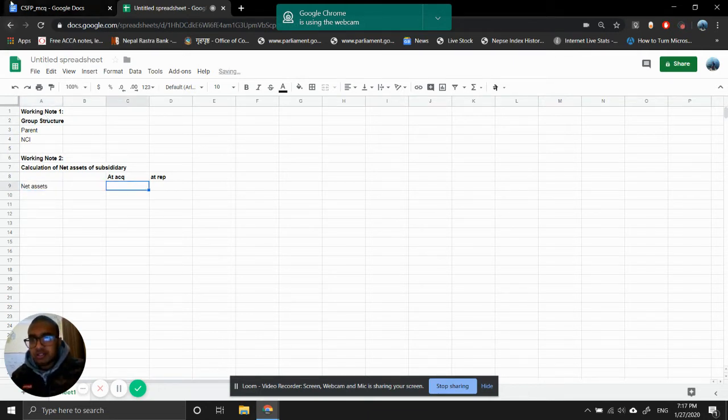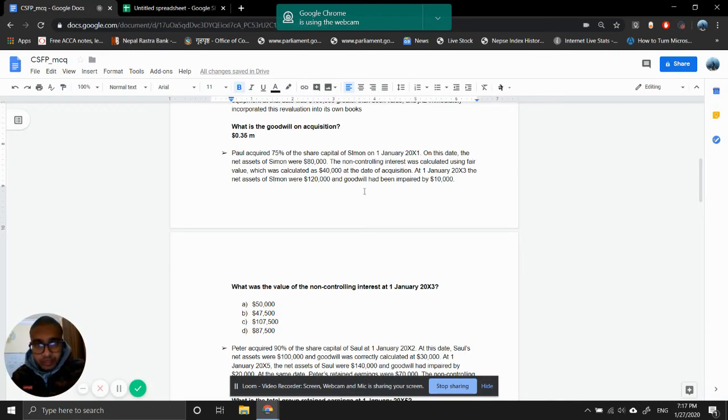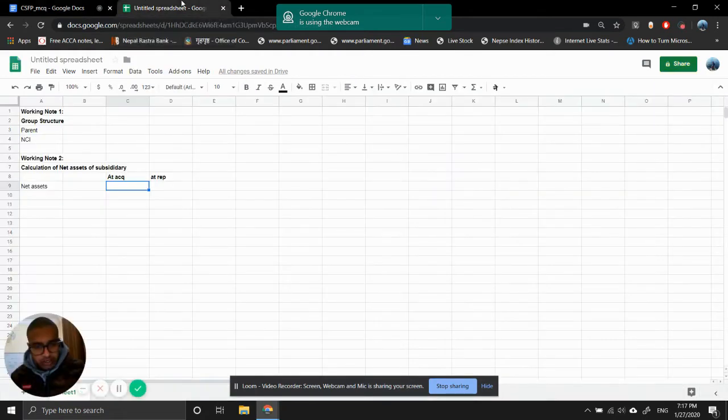So what's our net assets at acquisition? Our net assets at acquisition was 80,000, and on Jan 1st 20x3 it was this figure, 120,000.